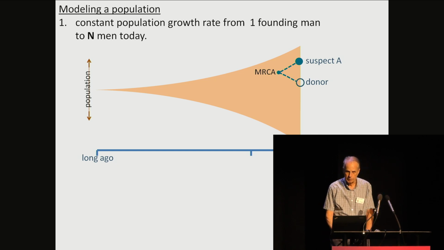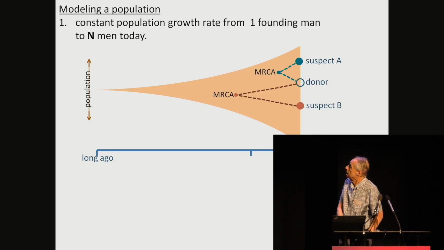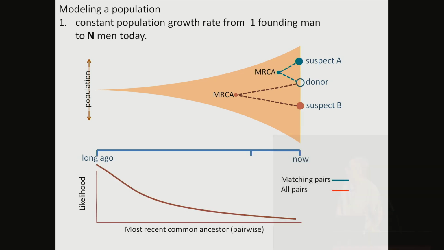So we want to think about the chance that he would match by coincidence. So we trace back to the most recent common ancestor between them, and we consider the same for some other suspect B.